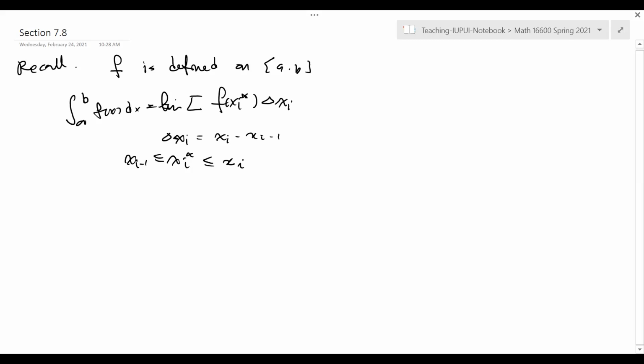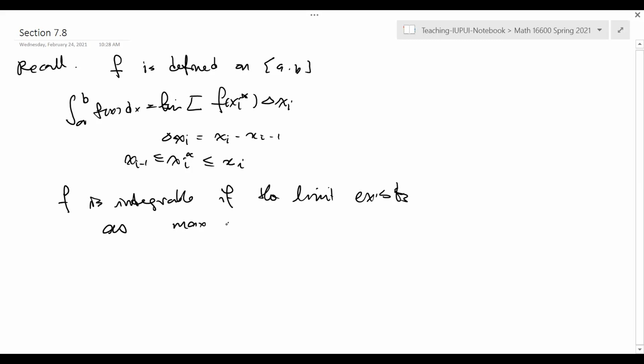As long as this limit exists, you say the function is integrable. So f is integrable if the limit exists, as the largest subinterval also approaches 0.